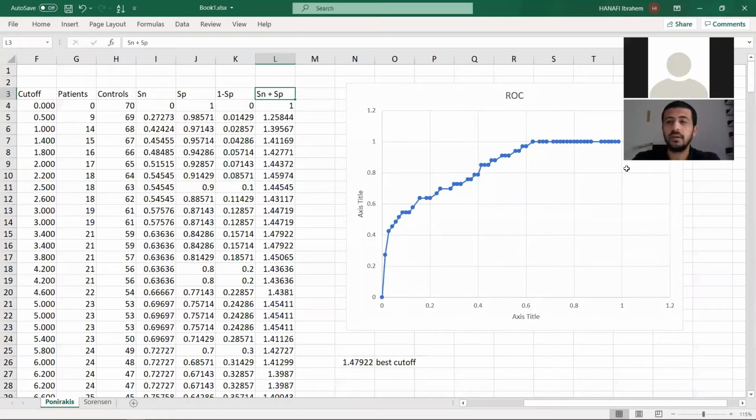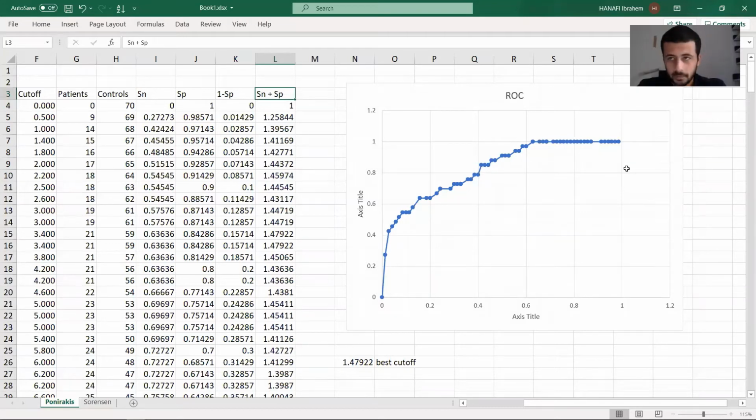Yeah, you are right, but there are rules. For example, for my decision in here, I won't accept a specificity of lower than 60%, because the intervention is so dangerous.